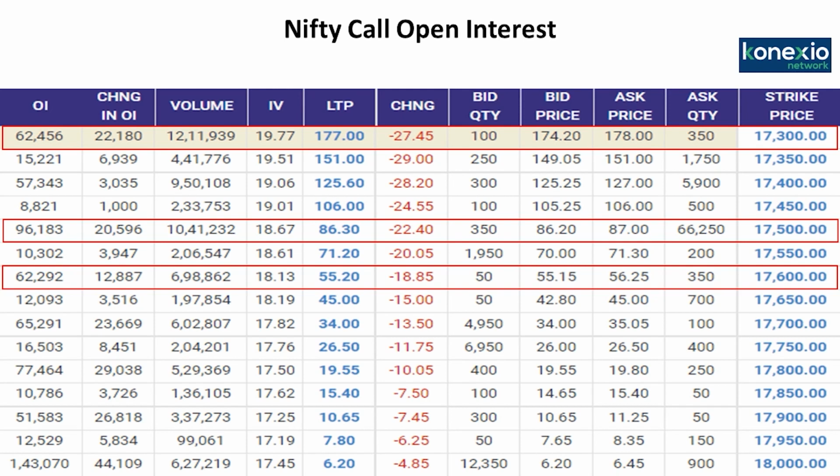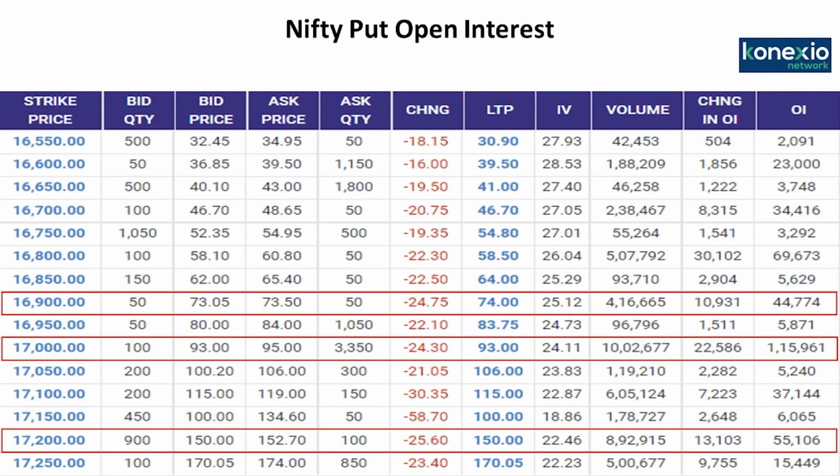Now let us see what we have observed in Nifty puts. In Nifty puts, you will see on the screen the action was seen in 17,200 puts, then 17,000 puts, and 16,900 puts. Here you can see there has been a rise in the open interest, and there has been a fall in the option premiums. The implied volatility was a little higher.